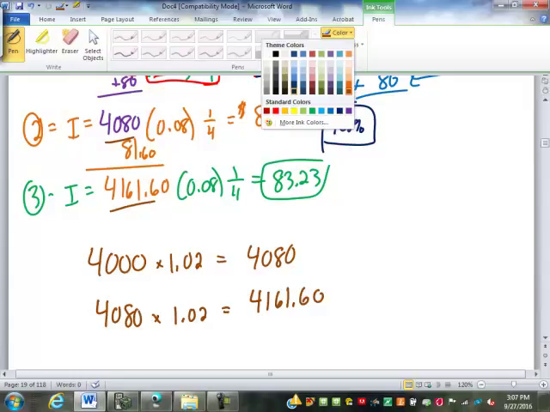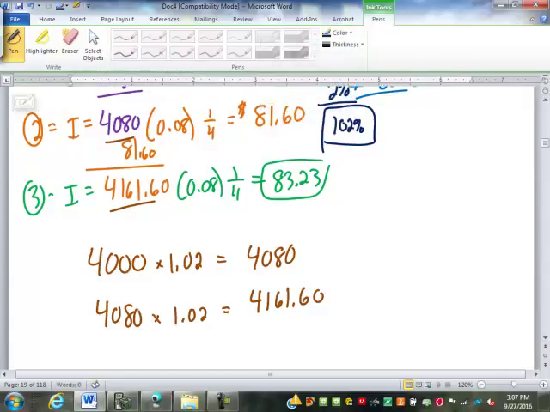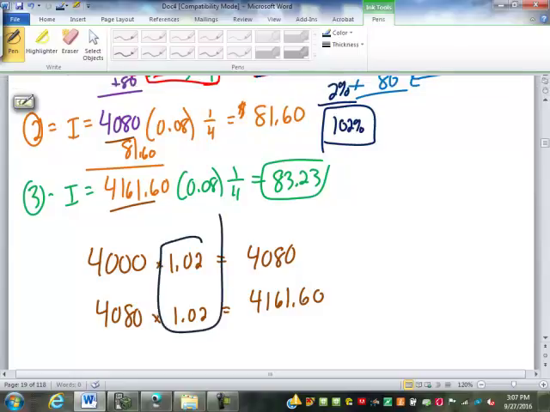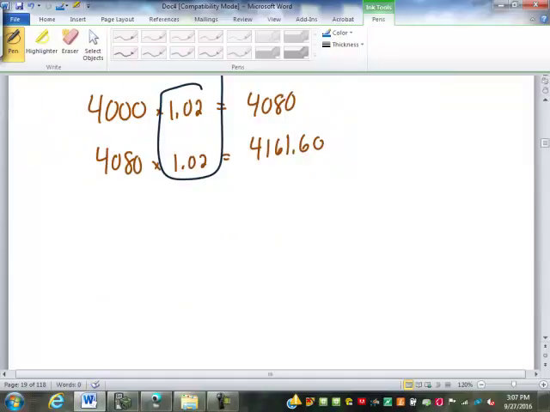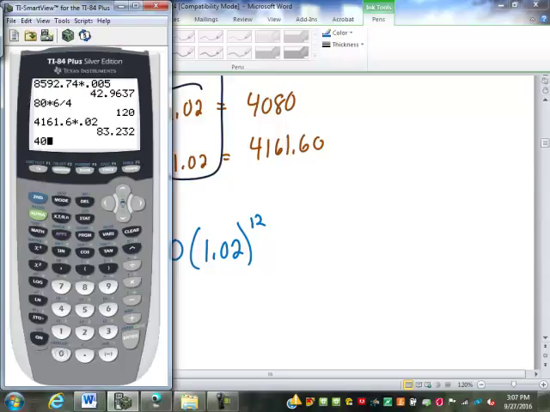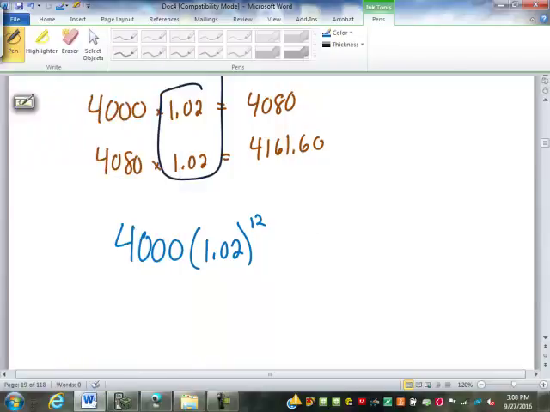So what I can do is each period just find 102% or multiply by 1.02. How many times do I have to multiply by 1.02? 12 times. In math, do we have a function to multiply by the same number over and over again? Powers, right? So we can do 4,000 times 1.02 to the power of 12. It gives us $5,072.97.